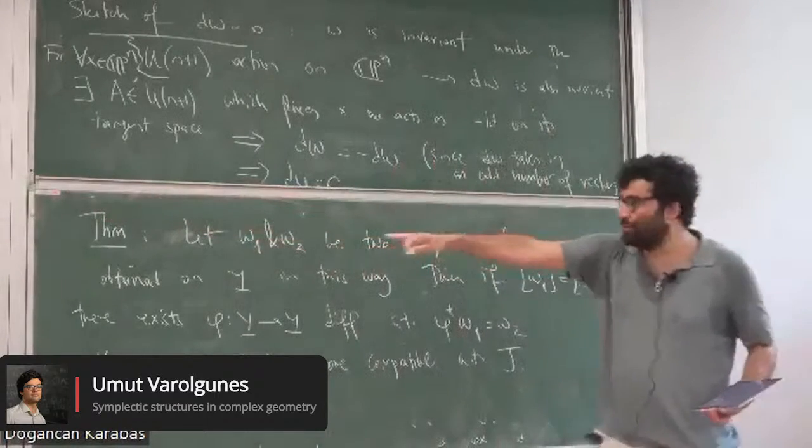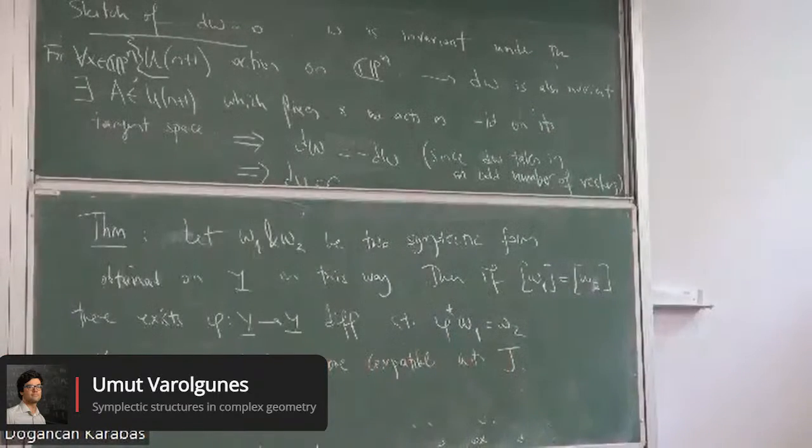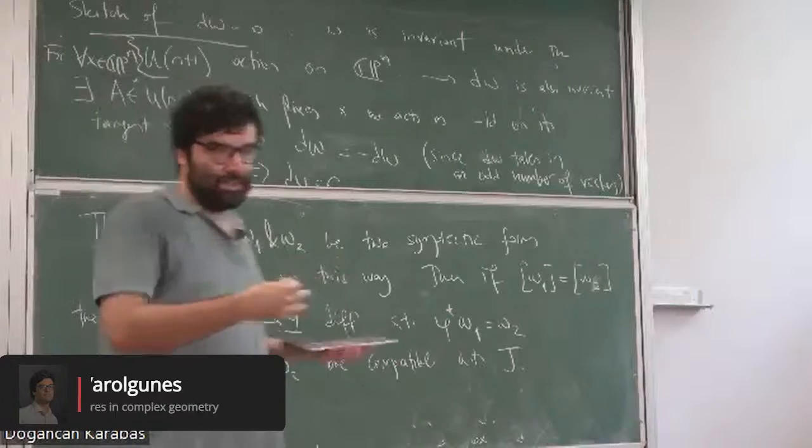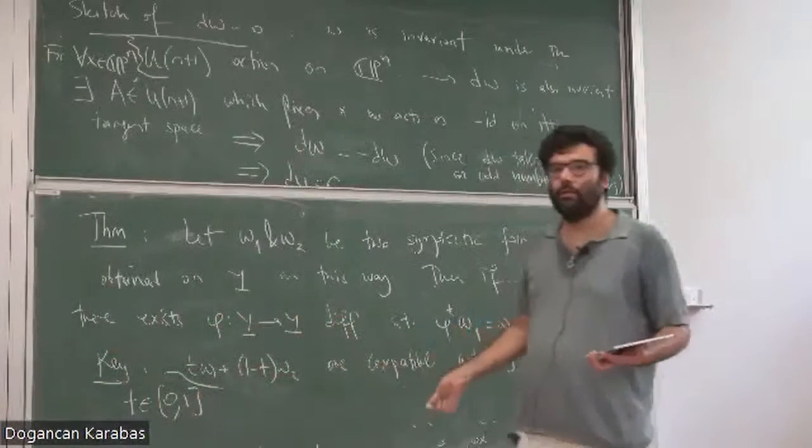And whenever I'm taking an embedding, this is a holomorphic embedding. If you represent something by zeros of a polynomial equation, that gives you a holomorphic embedding.